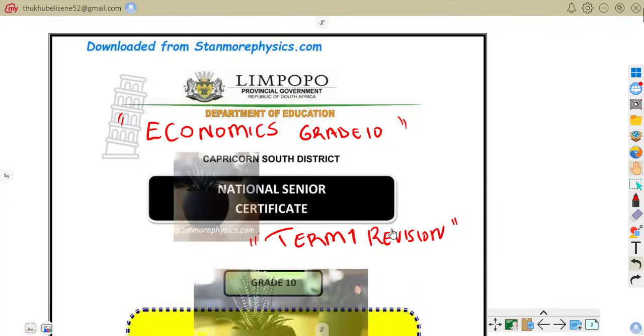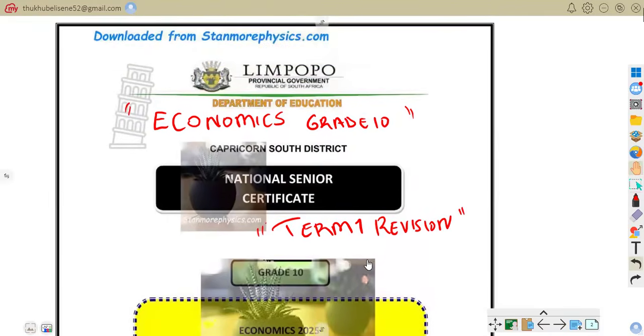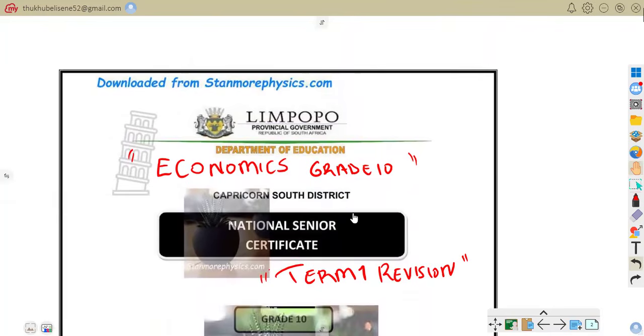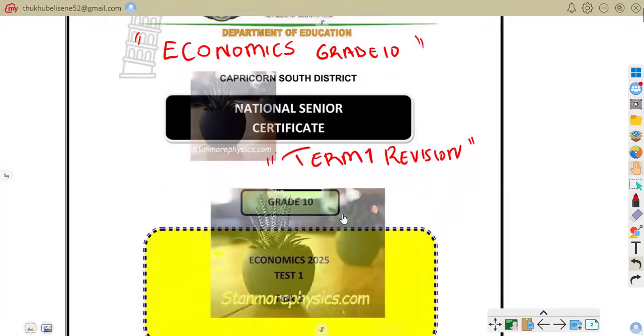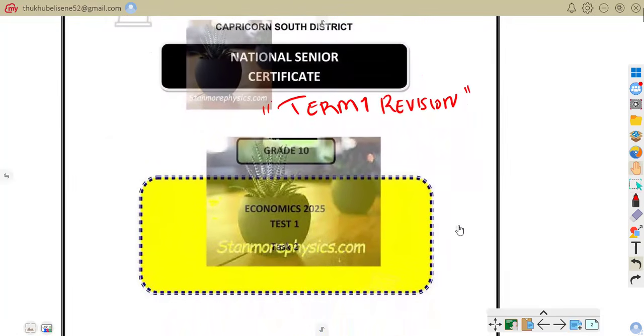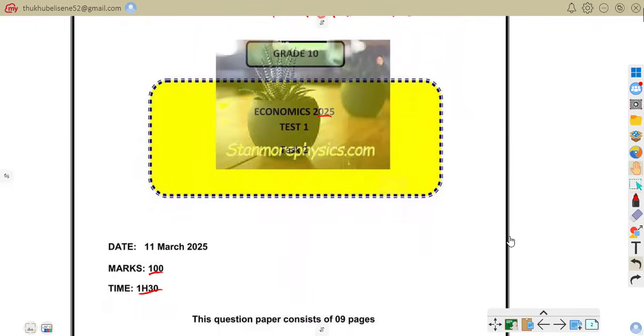Economics Grade 10, Term 1 revision. So we are going to make a revision for Term 1. This question paper was written in the Limpopo province in 2025, and the marks awarded are 100 marks.